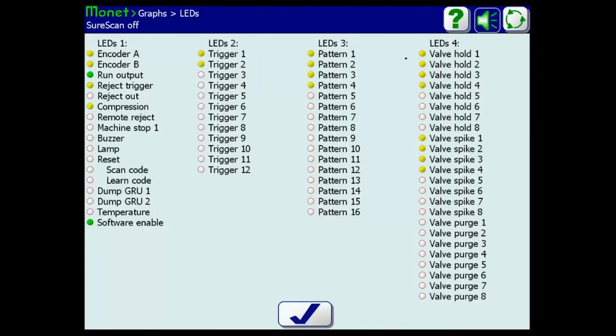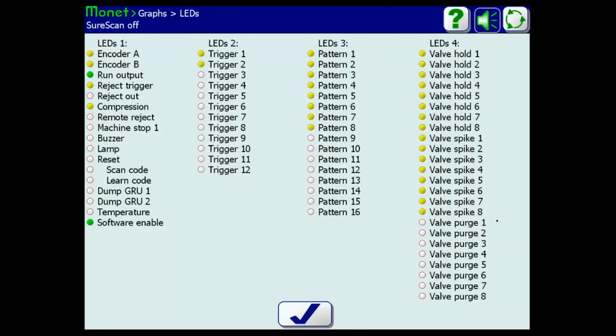The hold voltage that we set up on your valve driver cards is 24 volts. So we are just sending the 24 volt hold signal to the valves to activate them. We are not utilizing the spike. So on your application, you would only see the LEDs light up for the hold and not the spike.